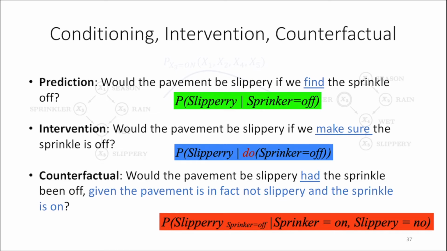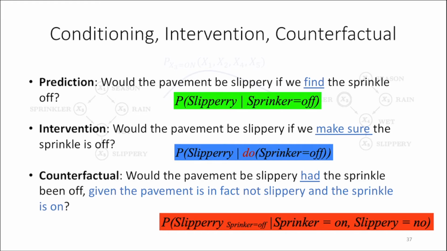But what is different here is that we can do intervention. If I make sure that the sprinkler is off, what is the probability of the slipperiness of the pavement? This is different from observing that the sprinkler is off, because here you modify not only the status of the sprinkler, but also the structure of the graph.